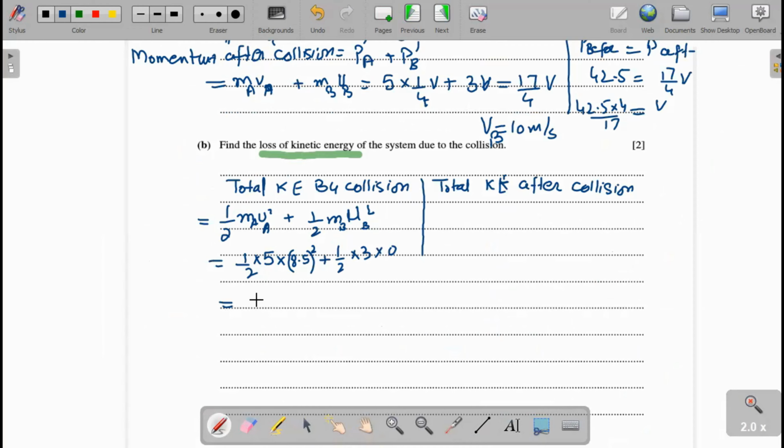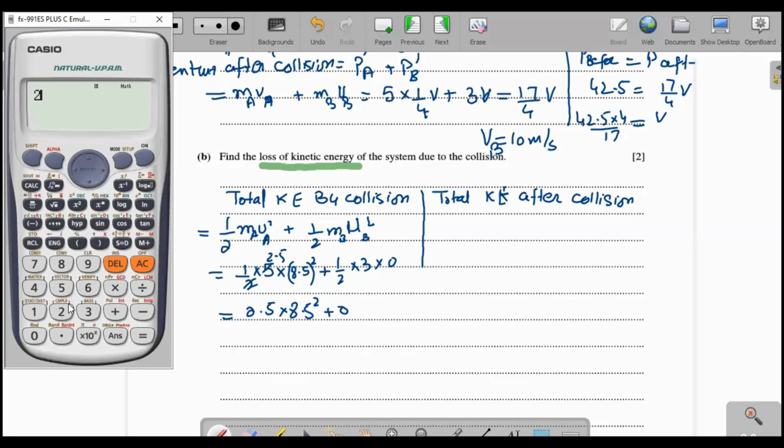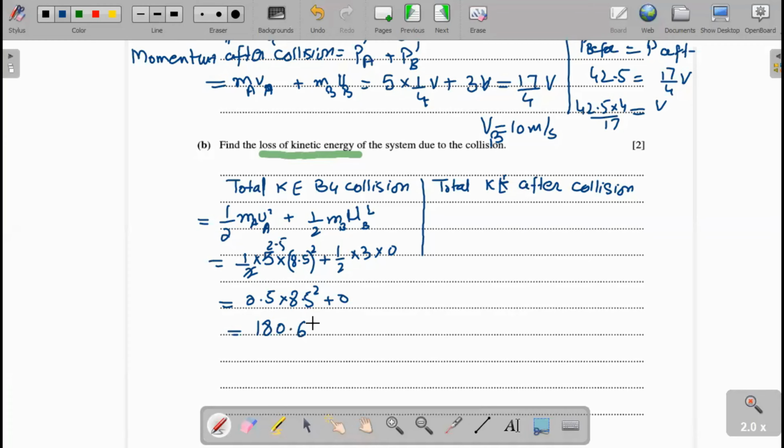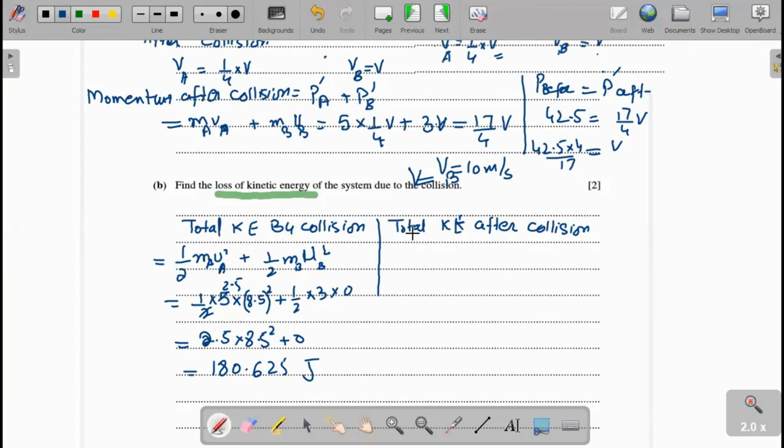Now we find this value, that is 2.5 multiply 8.5 whole square plus 0. You see that 2.5 multiply 8.5 square, we get 180.625 joule.